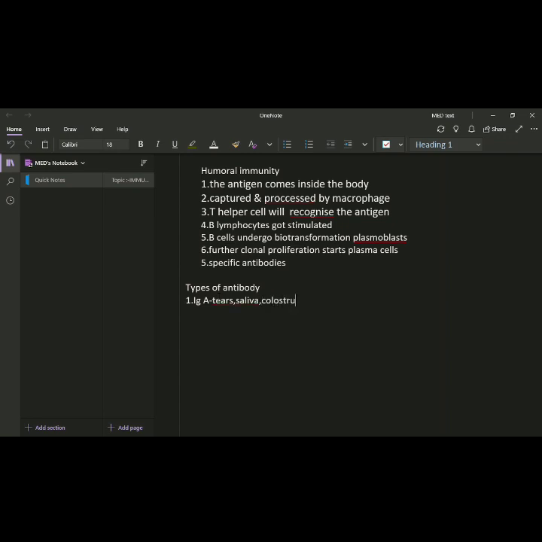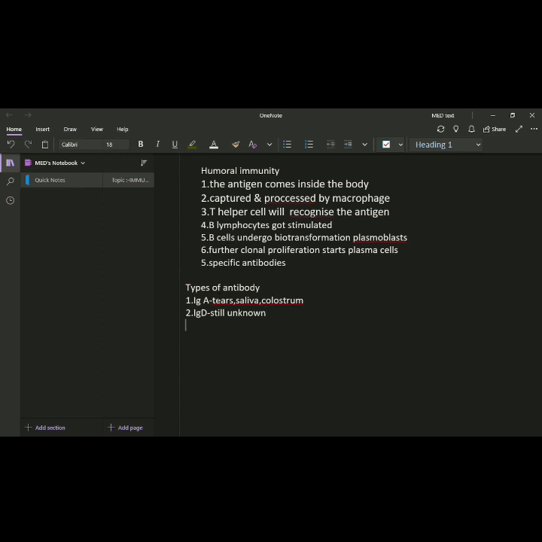Most of you might know what colostrum means. It is the first form of milk which is produced by mammals, for example, humans. Next type is IgD. The exact location of IgD is still unknown.